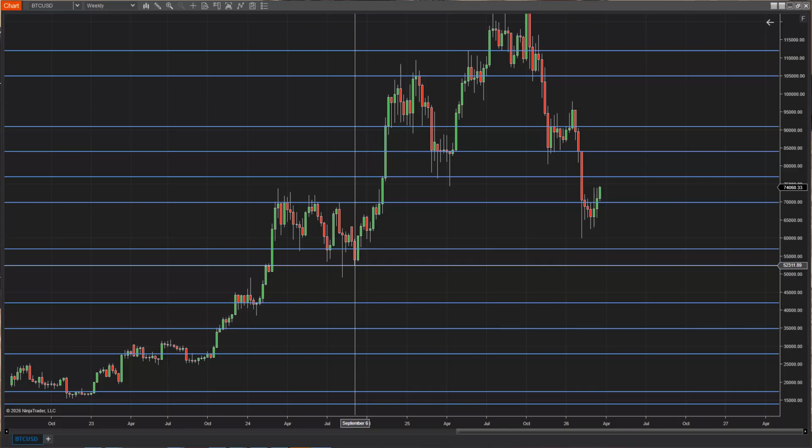A lot of the important points in Bitcoin here will come where we have multiples of 7,000 with a plus 3,500 added to them. Here's the 70,000 level again, another important natural level.